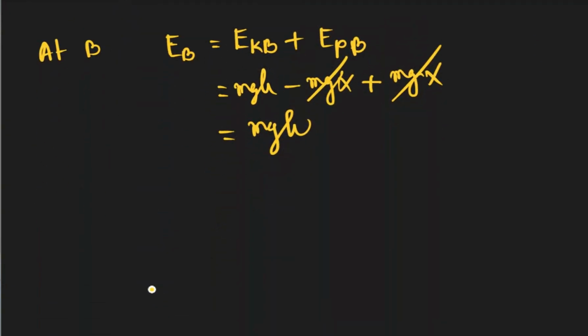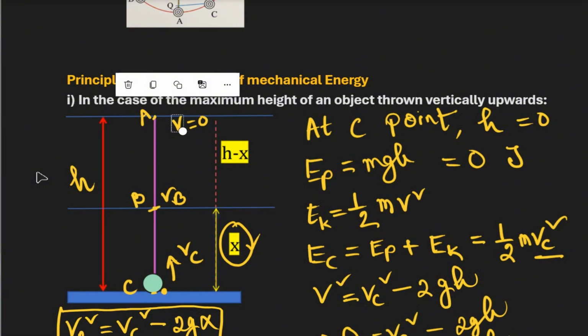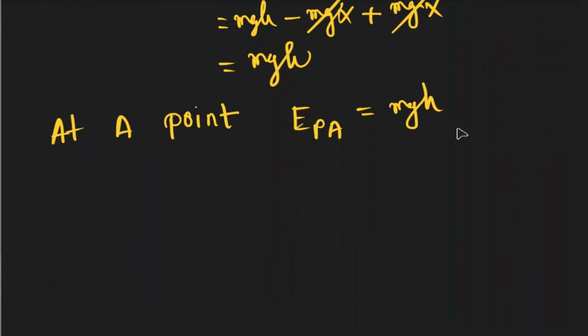Now it's time to calculate at A point. The potential energy EPA equals mgh, because the maximum height, as the image represents, is traveled by this object from C point to A point. The mass is m and the maximum height is h.